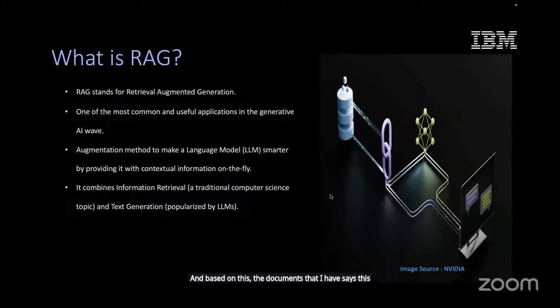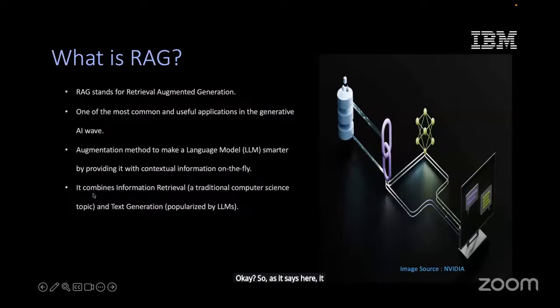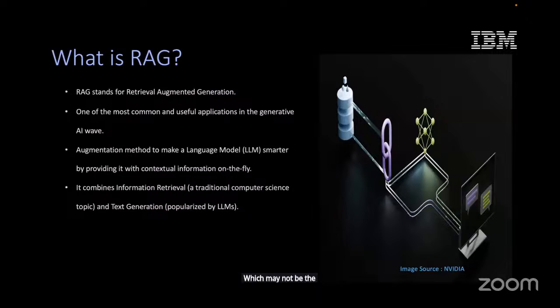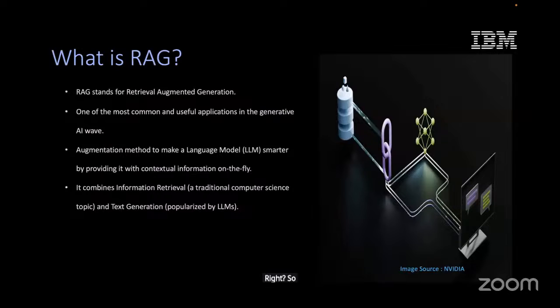Now, based on these two things, you generate some information that is more accurate than what could be when you generate it on your own. Okay, so as it says here, it combines information retrieval, which is getting the information from a particular source. And on top of that, using that as the context, it will generate information that is more accurate, which may not be the case when it is generating information on its own without taking the context into account, right? So let's move to the next slide.